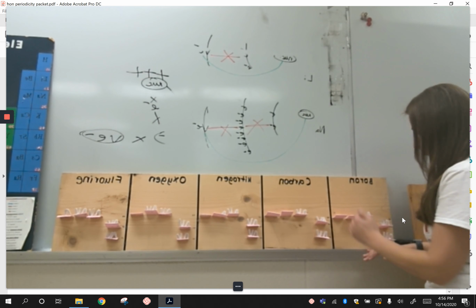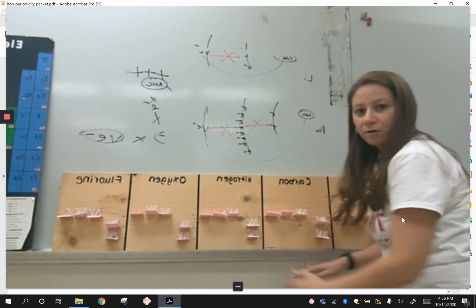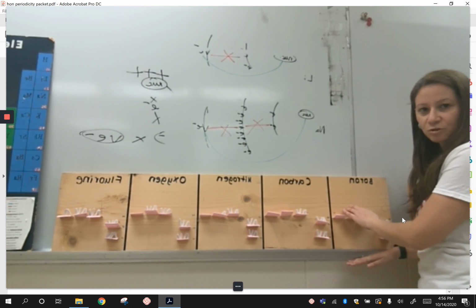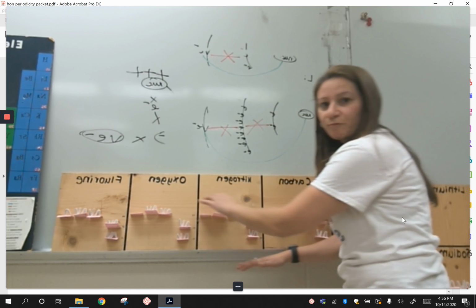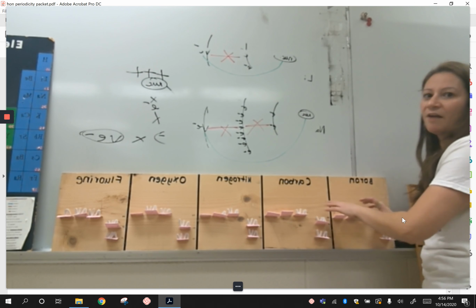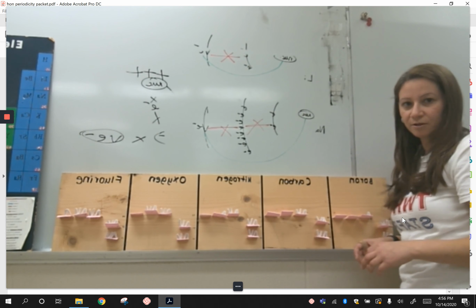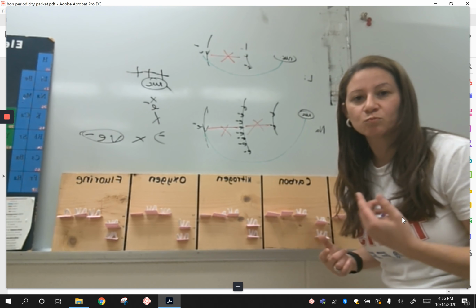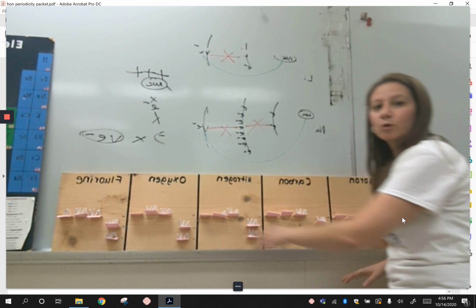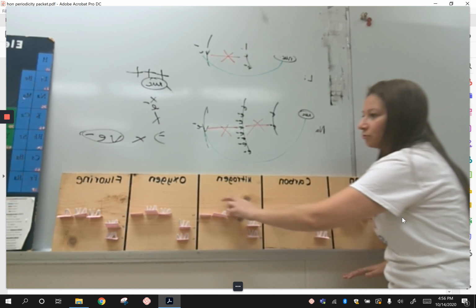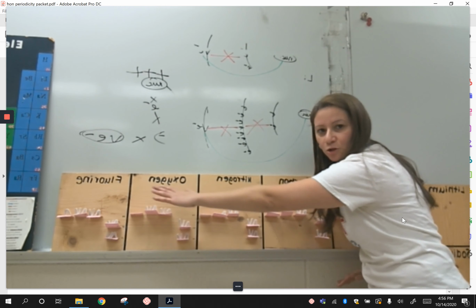And so they're not really blocking anymore. The attraction between the nucleus and these valence electrons is about the same for all of them in terms of not having repulsive forces, right? So you would think it should be the same, but actually it's more because there are more protons as well. So your extra electrons are not really doing much because they're in the same energy level.